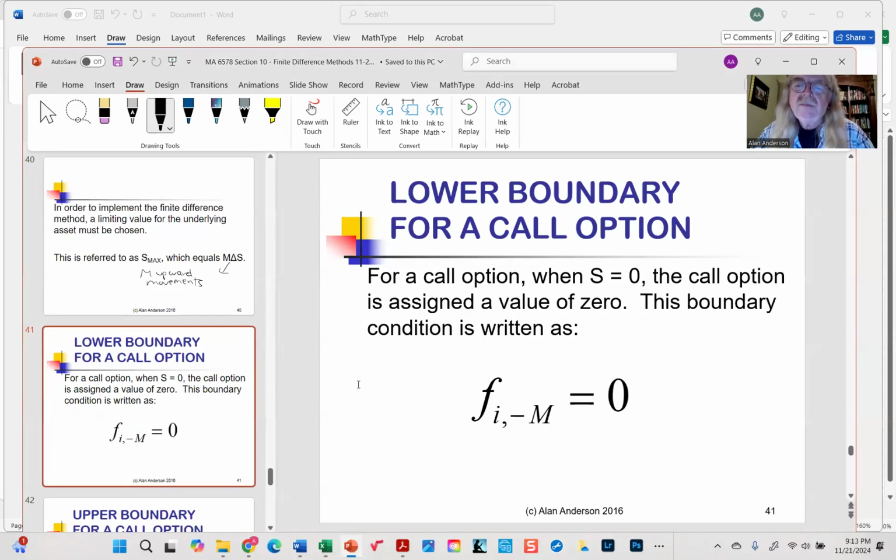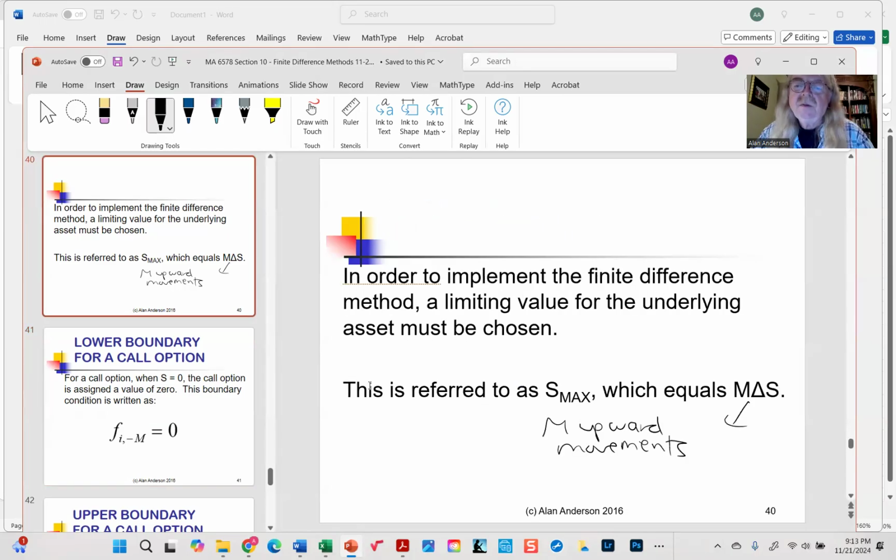So that means that when we reach, remember, this is time, and this is the level, if we replace J with M, that indicates we're on the top.